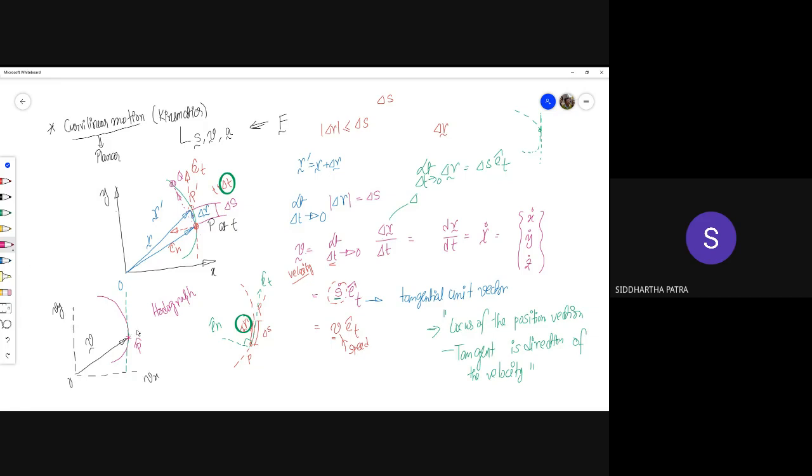Is it the direction of the acceleration of the particle? Yes. So acceleration would be directed along the tangent in the hodograph.